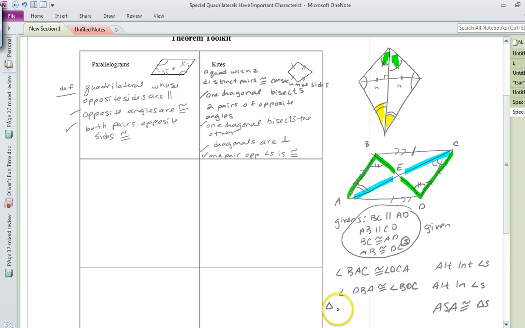To say that triangle ABE is congruent to triangle CDE, and by corresponding parts of congruent triangles being congruent, I am able to say that segment AE is congruent to segment EC, that's here, and I'm able to say segment BE here is congruent to segment DE.